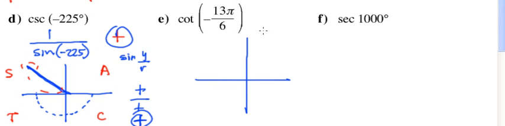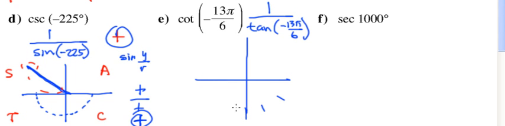Cotangent. Of course, that's 1 over the tangent of minus 13 pi by 6. Now let's see what that horrible angle looks like. Going in the negative direction, so clockwise, pi by 6, 2 pi by 6, 3 pi by 6, 4, 5, 6, 7, 8, 9, 10, 11, 12, 13.